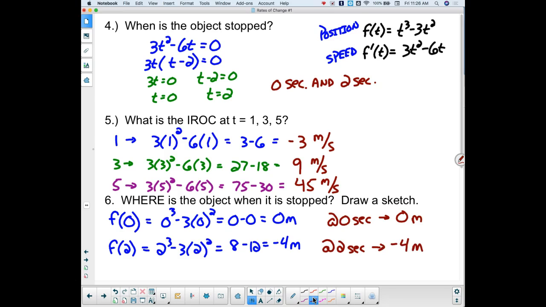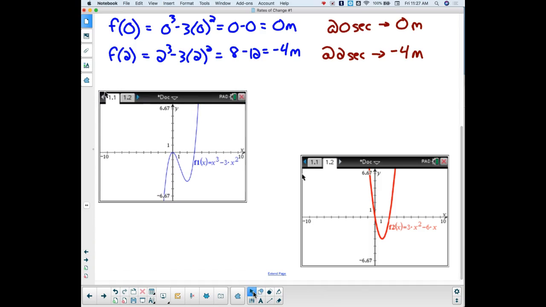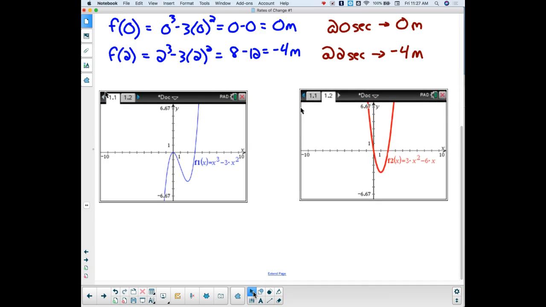Now, if I were to sketch both of those functions, I get two distinctive looking things. So here are those two sketches. This is my position function.